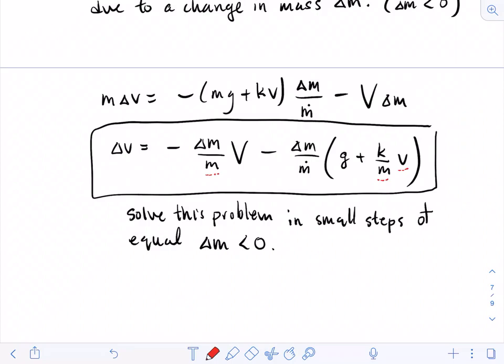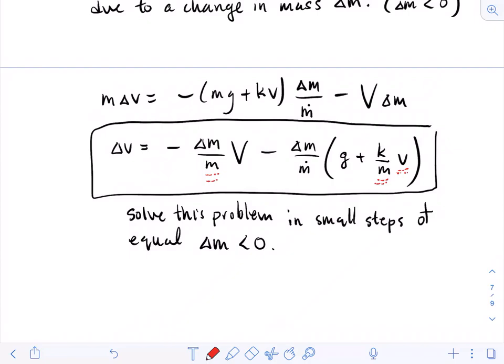Well, we're going to assume that the change in velocity is small enough that we can treat v as being approximately constant when we burn that 1 kilogram of fuel. And we'll also treat m as being approximately constant, right? If we had a 10,000 kilogram rocket and we burn off 1 kilogram of fuel, the rocket's still almost 10,000 kilograms in mass.